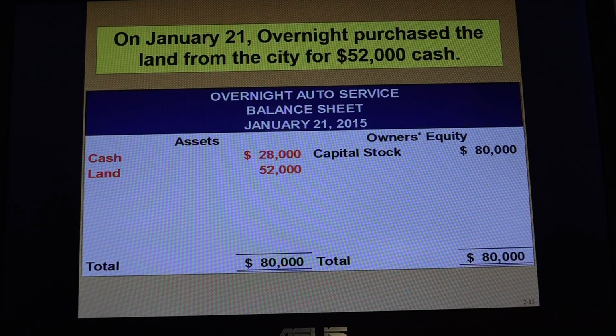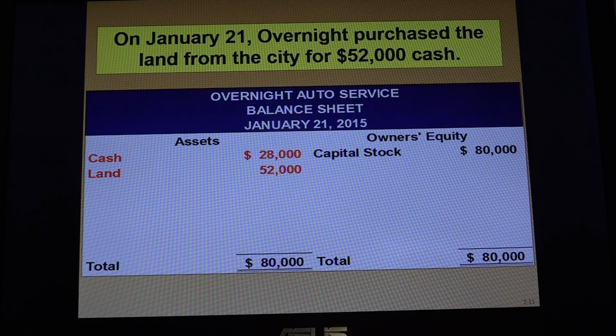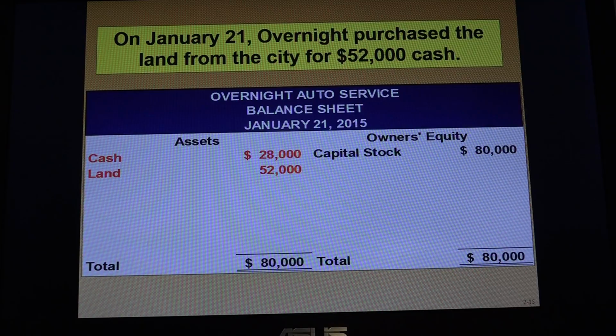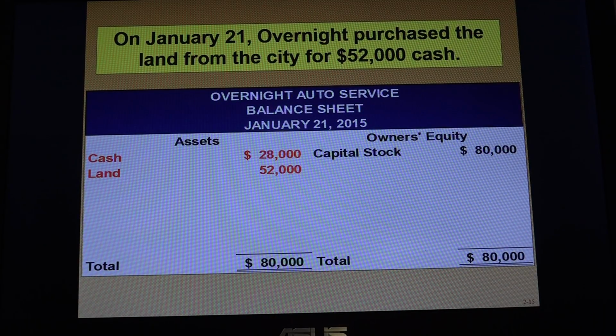If the answer is yes, next ask yourself, which accounts does this transaction affect? Sometimes it affects accounts on both sides of the accounting equation, both assets, liabilities, and sometimes all three: assets, liabilities, and owner's equity. Sometimes a transaction just affects one side of your accounting equation.